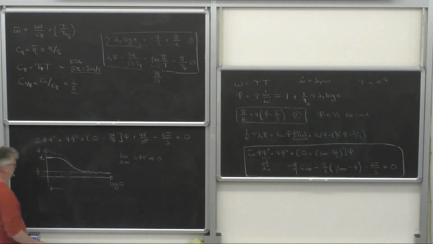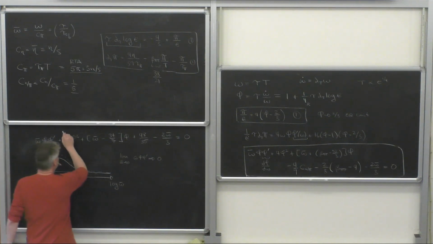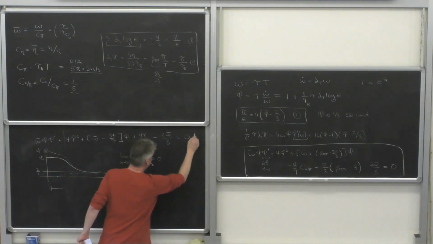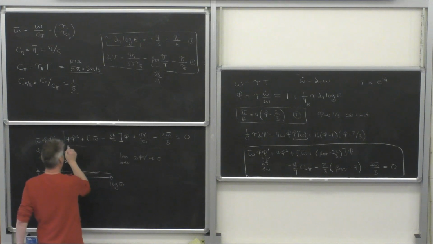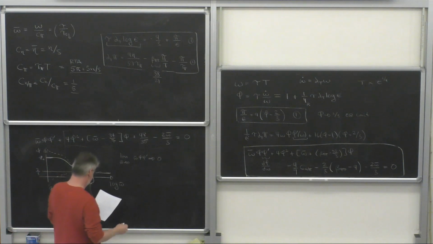In that limit, in the limit that omega bar goes to 0 rather, we get a quadratic equation for phi. And you can solve that quadratic equation.